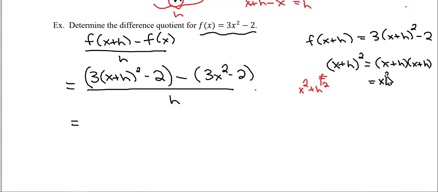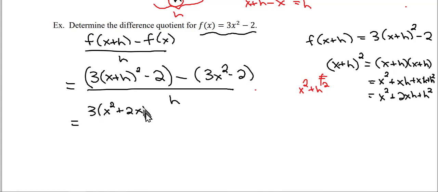You get x squared plus xh plus xh plus h squared, x squared plus 2xh plus h squared if you combine your like terms. So that replaces the x plus h quantity squared. Just distribute it out. Now I'm going to distribute my negative.